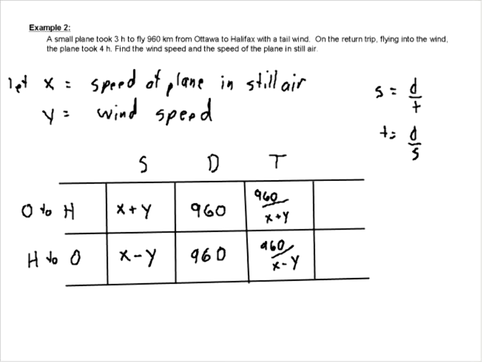Now we can write our system of equations, because we know that the time from Ottawa to Halifax is 3 hours, and we know the time from Halifax to Ottawa is 4 hours. So what does our system of equations look like?